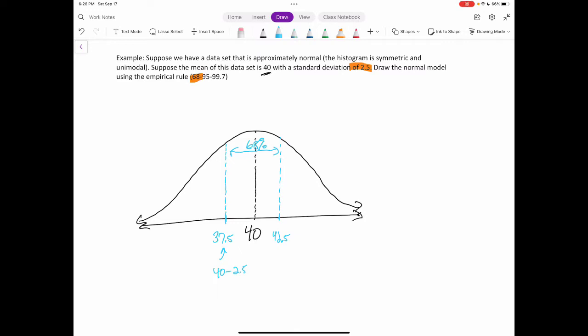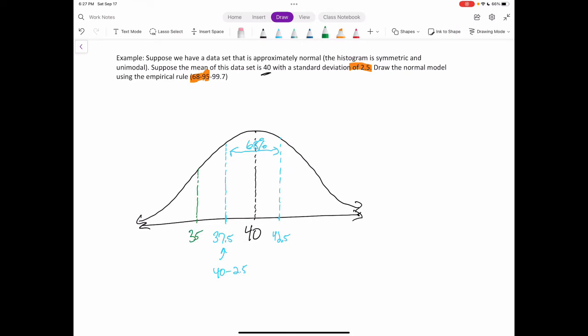Now, let's do it for 95%. 95% says you need to go 2 standard deviations to the left and right of the mean. Well, either I can say 2.5 times 2, which is 5, and do 40 minus 5, or I could just simply take another 2.5 away from my 37.5. Whichever way you look at it, this value right here should be a 35.